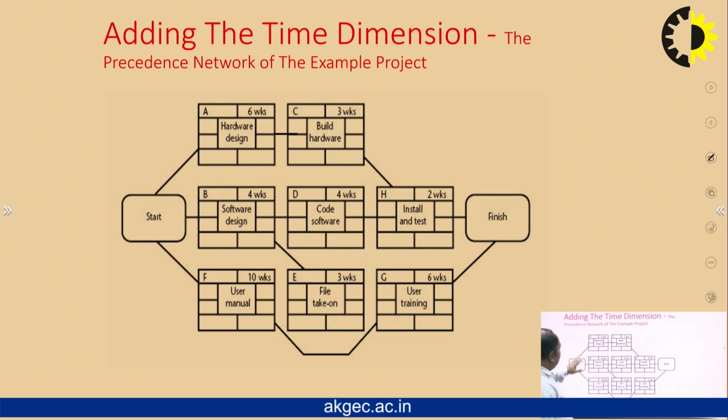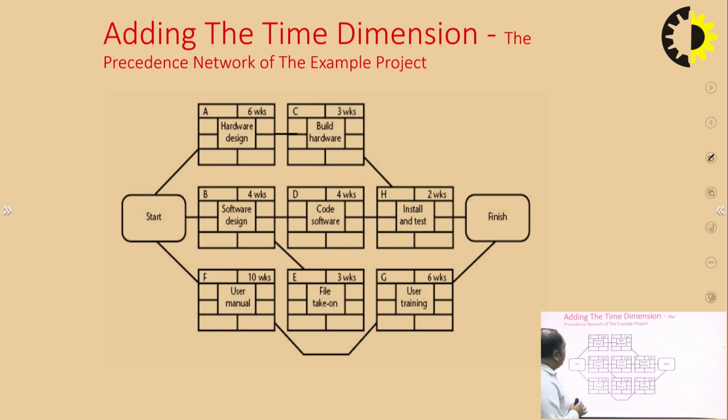So with this network model, our label A is hardware selection. Then we install the hardware, which is dependent on A. Activity A has a duration of 6 weeks. Activity C has a duration of 3 weeks. Activity B has 4 weeks. Activity D has 4 weeks.